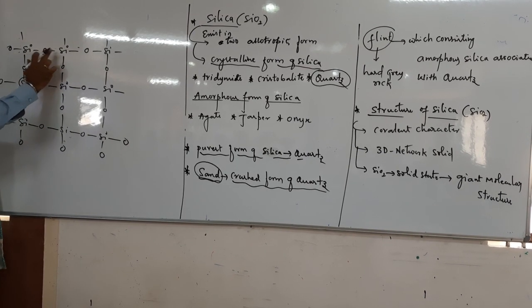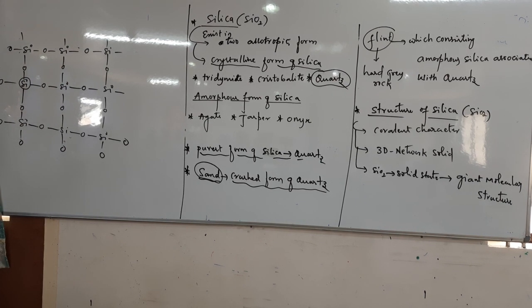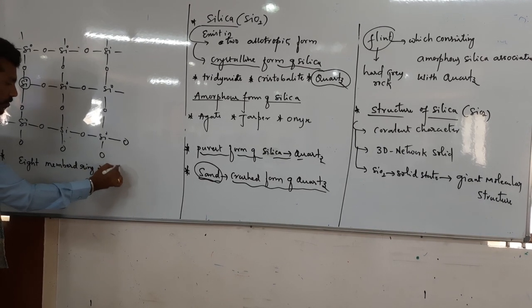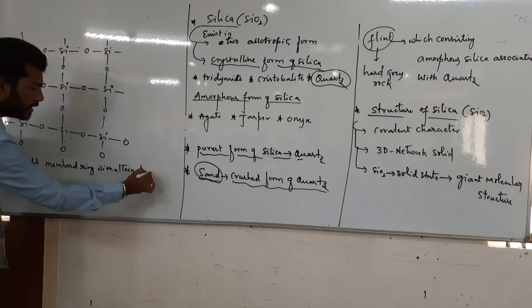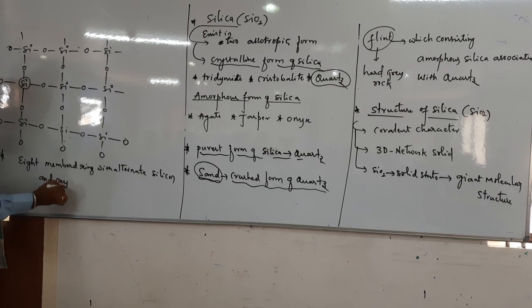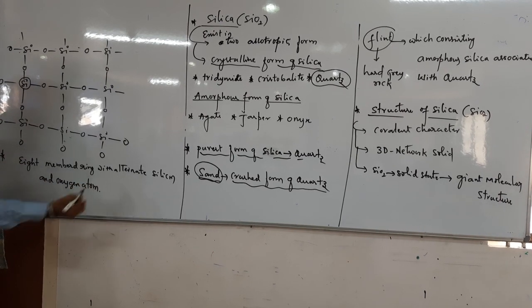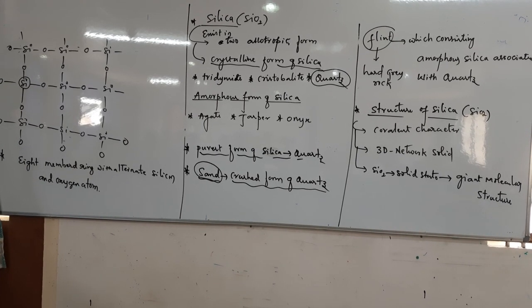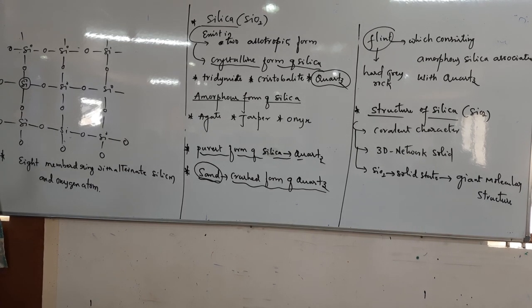So 1 2 3 4 5 6 7 8 is an 8-membered ring with alternate silicon and oxygen atoms. So SiO2 is one of the 8-membered rings with alternate silicon and oxygen atoms. Okay, so these are the structural aspects regarding SiO2. We must know that.